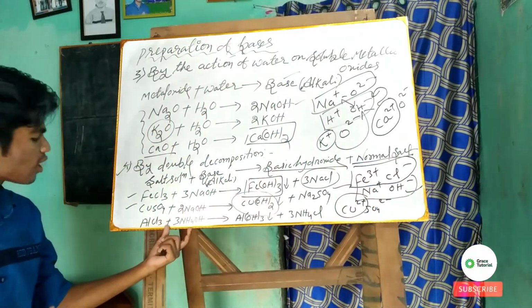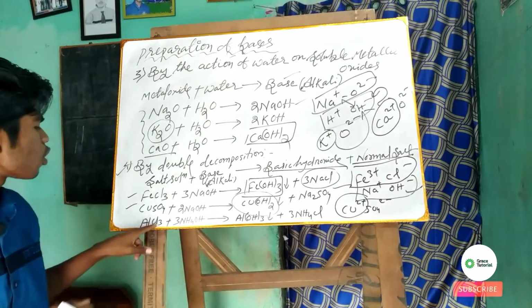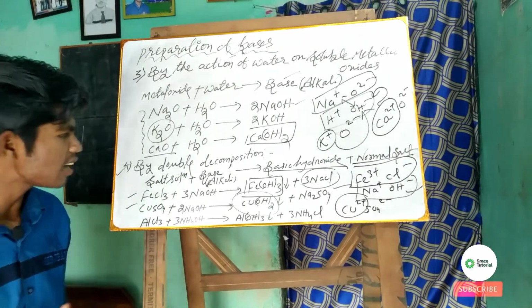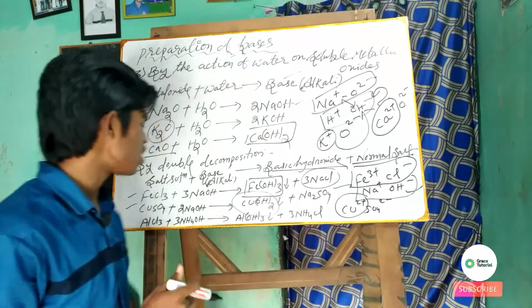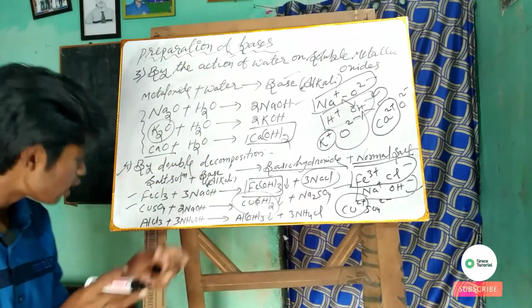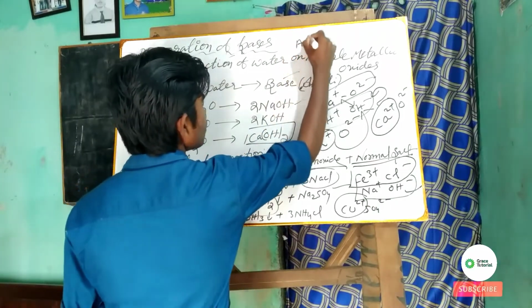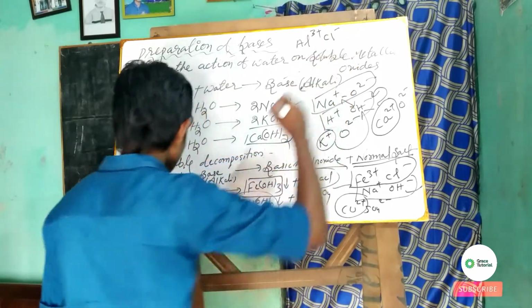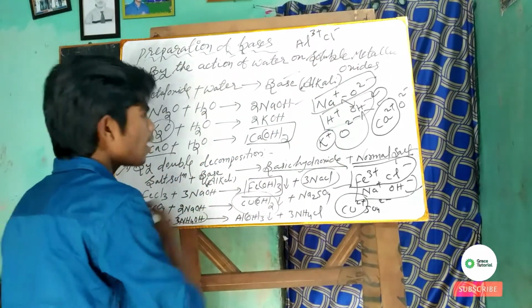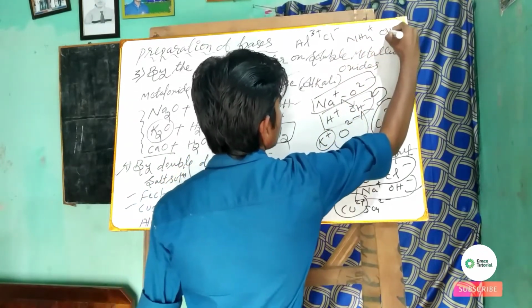Similarly, we have another example, that is aluminium chloride. Whenever this aluminium chloride reacts with ammonium hydroxide, what happens? Aluminium hydroxide with ammonium chloride is obtained. But how is this product obtained? Let us have a look. If you dissociate aluminium chloride, you will get Al3+ and Cl−, and if you dissociate ammonium hydroxide, you will get NH4+ and OH− ions.